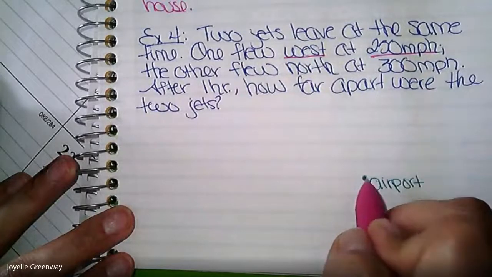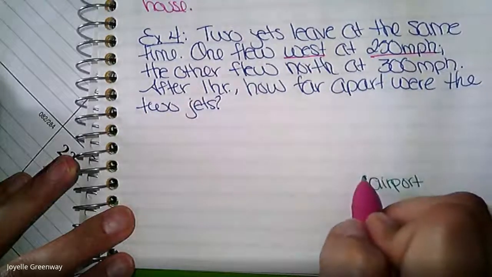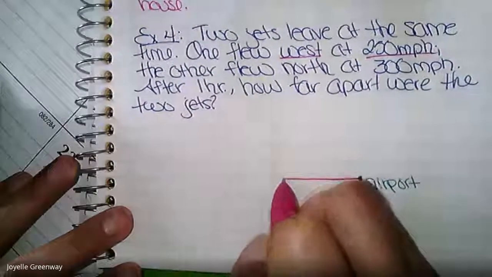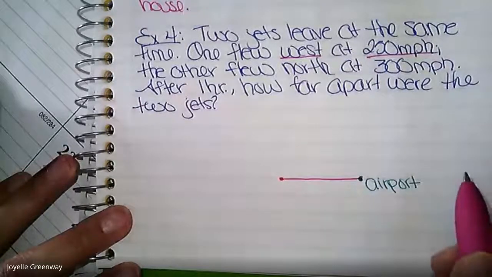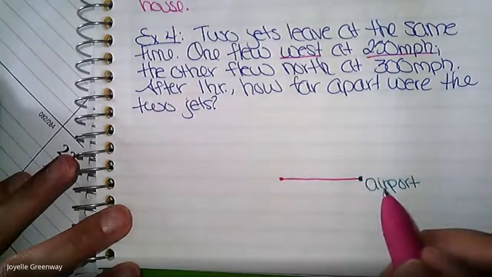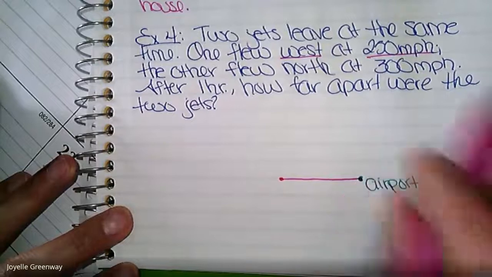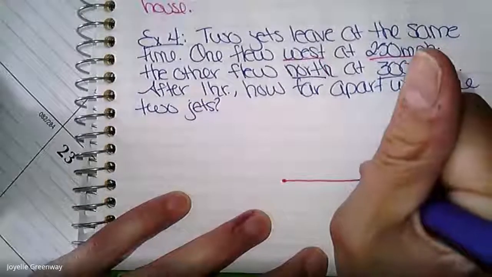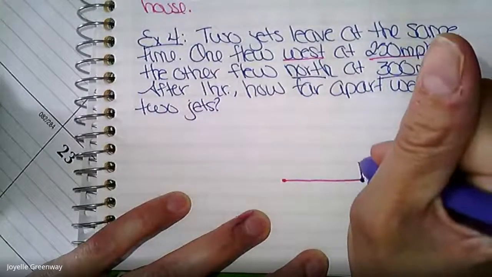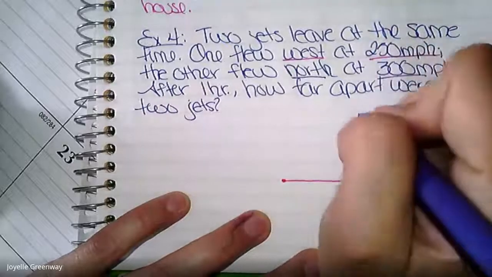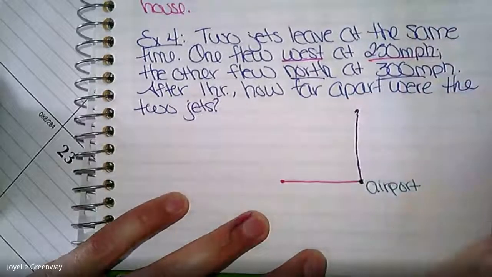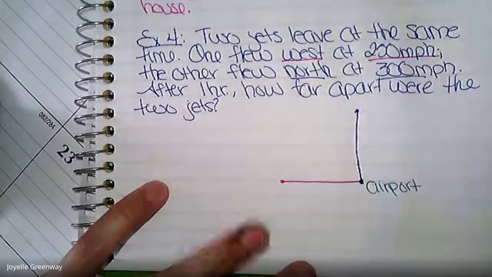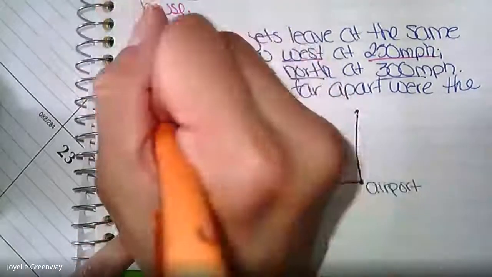Let's assume north is up, so west is this way. Here's your first jet. And the other one flew north at 300 miles per hour. So north. How far apart after 1 hour?